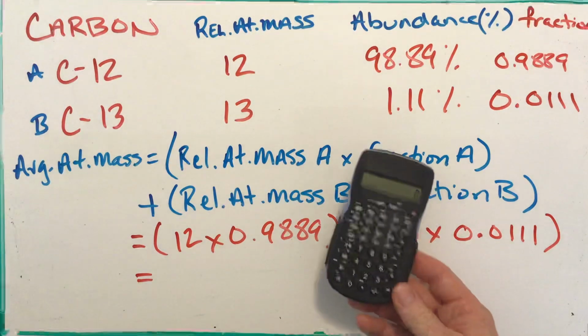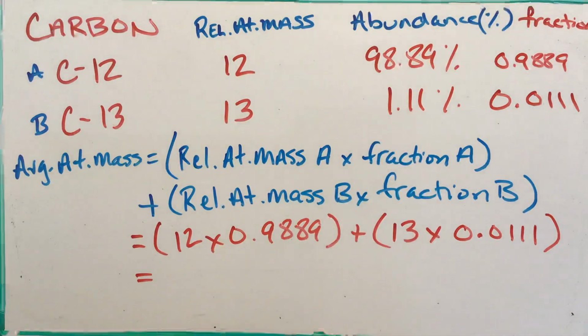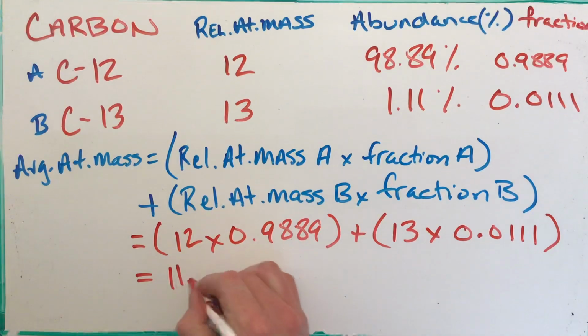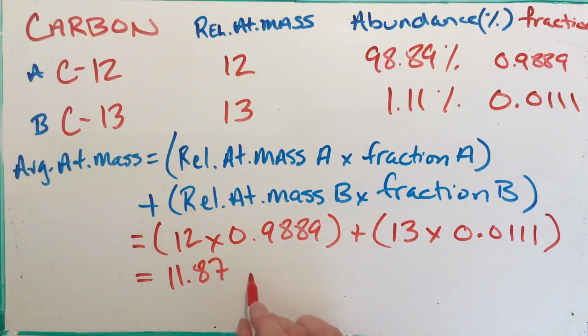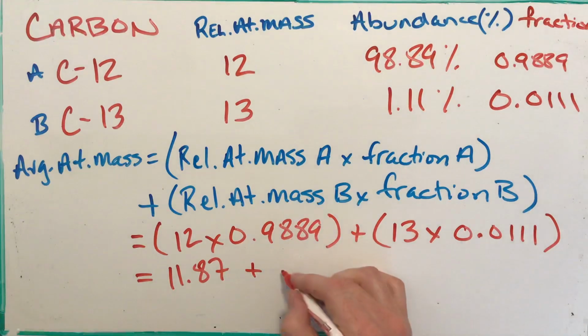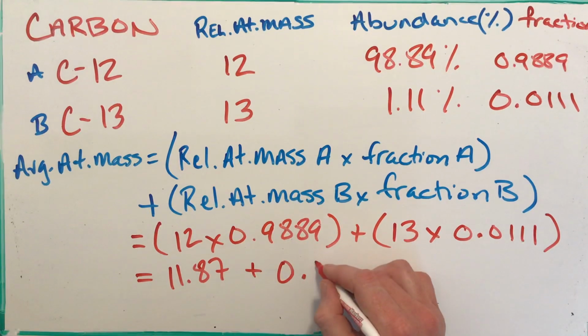So again, grab my trusty Dollarama calculator, and 12 times 0.9889 equals 11.87. That's my first bracket. And then 13 times 0.0111. And for this one, I get 0.14.